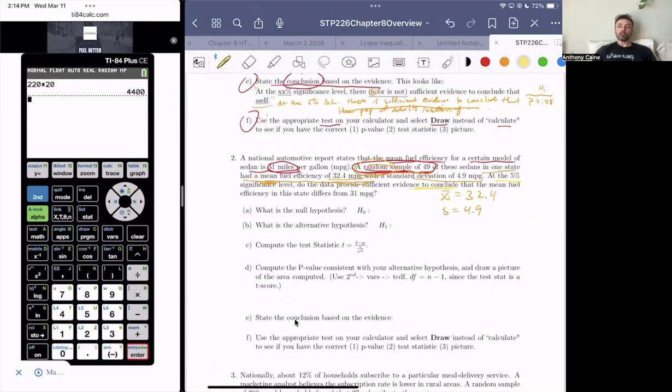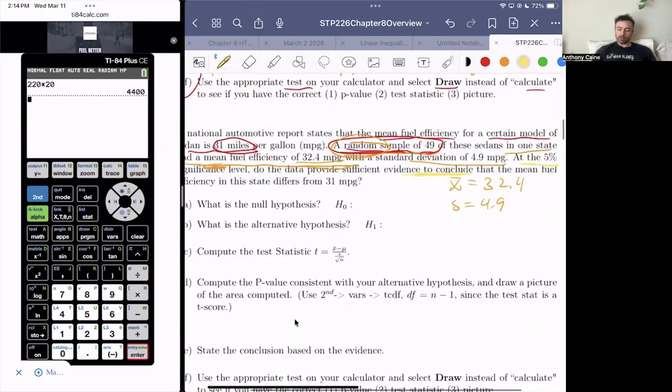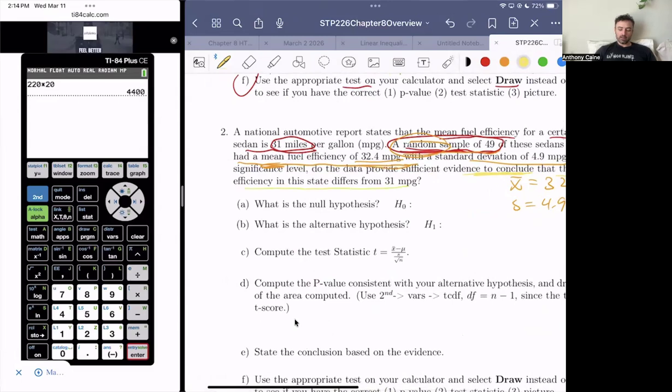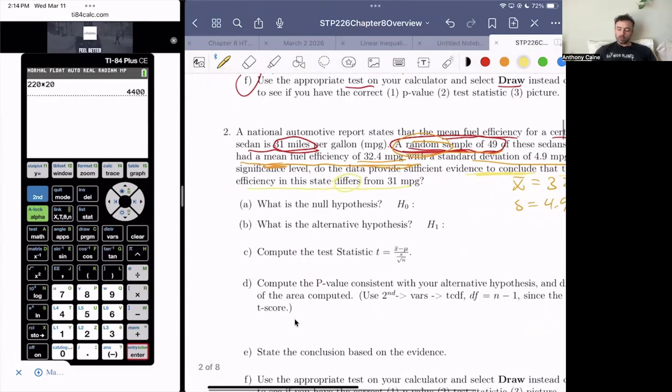Okay, so everything that follows is now H1. It's now the alternative hypothesis. The mean fuel efficiency in this state differs from 31. That is the alternative hypothesis. Okay, so what does the null hypothesis have to be? It's that mu is 31. No, it does not differ.